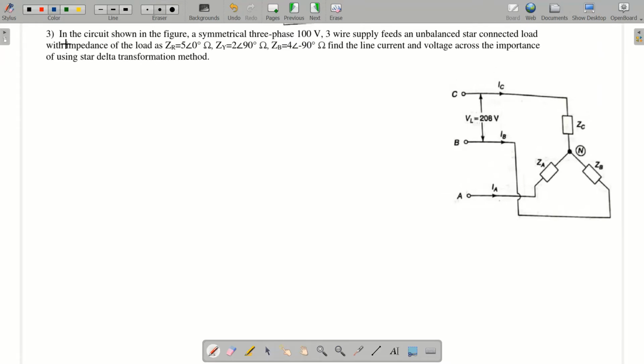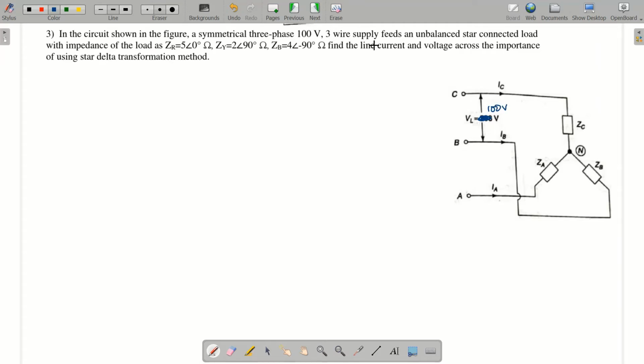See here, in a circuit shown in the figure, a symmetrical 3-phase voltage of 100 volt, sorry, but they have given it as 208. Maybe in the problem they have given it wrong. Okay. So, in the diagram take it as 100 volts.